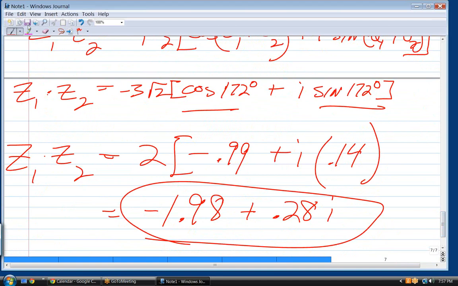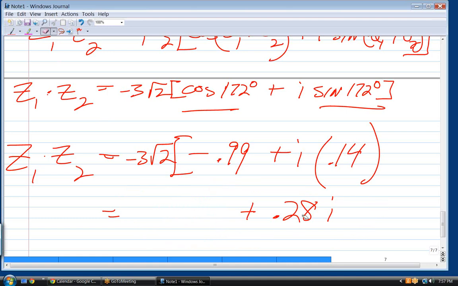And that's going to distribute to both of these terms. So what is negative 3 root 2 times negative 0.99? It's 4.2.